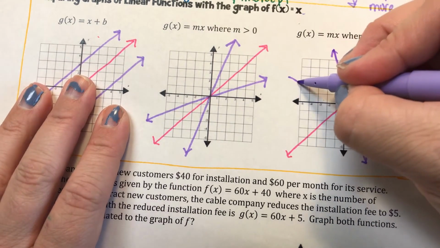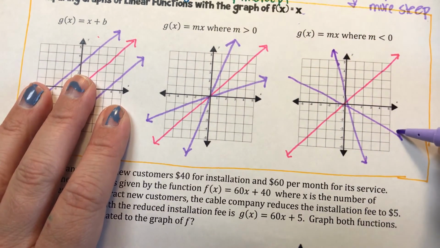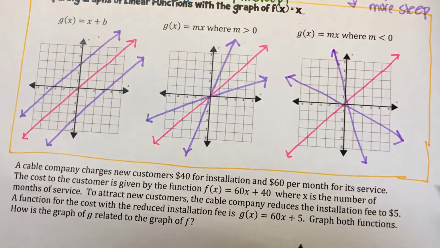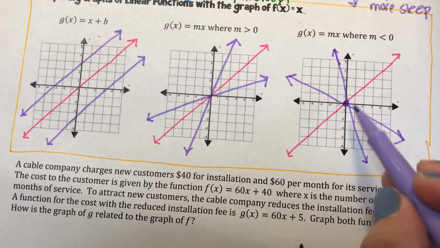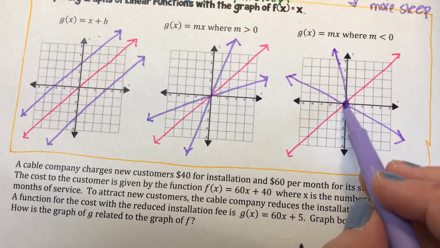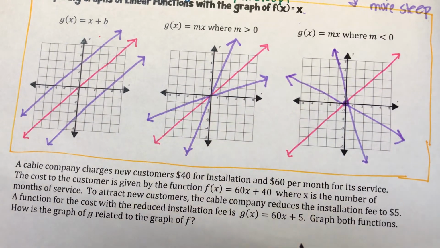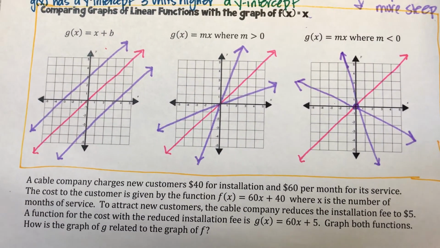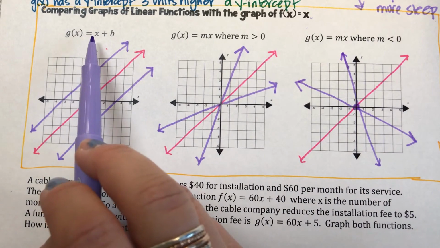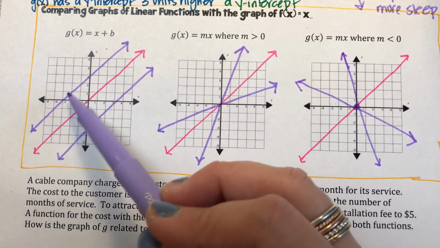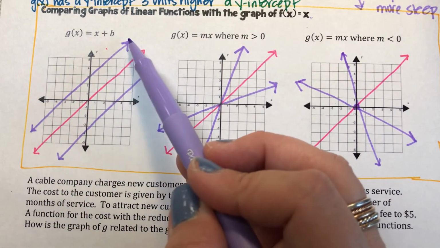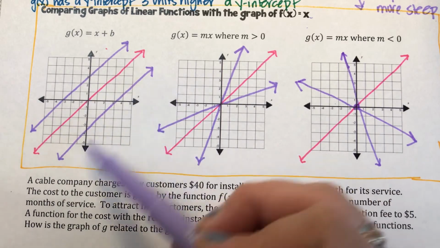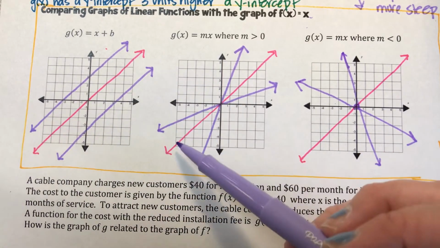It could be much more flat, less steep, and look like that. But again, they all cross at the origin. I kind of made mine look a little janky. So if they have the same slope, if it has a plus y-intercept, it's going to be above. If it's a minus, it's going to be below the parent function.